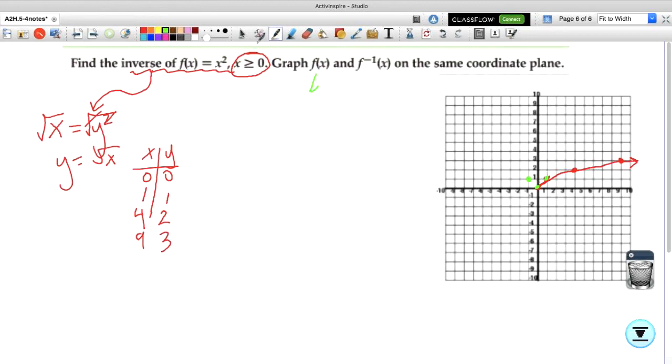But if you think about it, knowing what we know about inverses, every point should be reflected around the line y equals x. So right on this purple line should be where it's reflected. So if you think about it that way, this is on that line, this is on that line, this one is 2 away here, so we could go 2 away here. This, okay, is 1, 2, 3, 4, 5, 6 away.